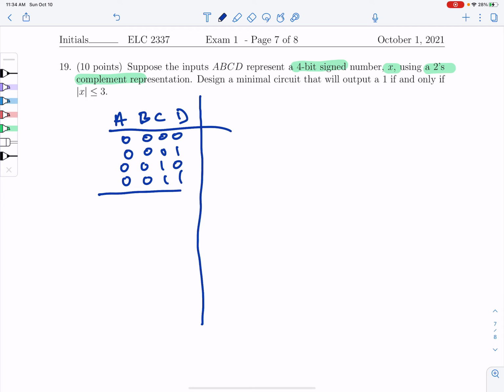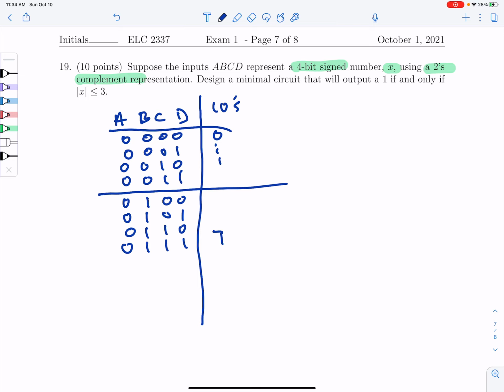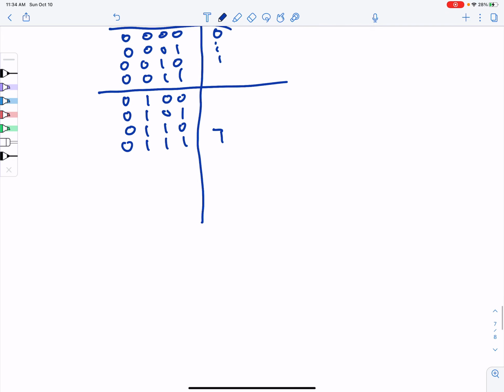I like to group them off in 4s to keep things lined up a little better. If you were looking at signed numbers, this would be 0 through 7. But then what if I was going to look at -1?